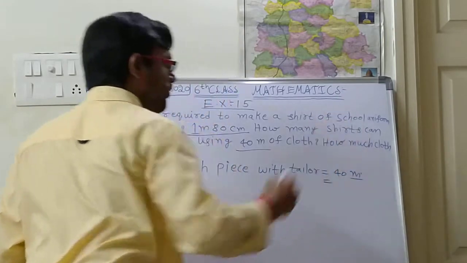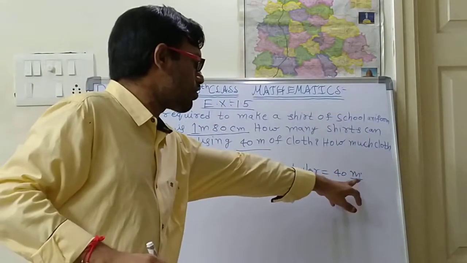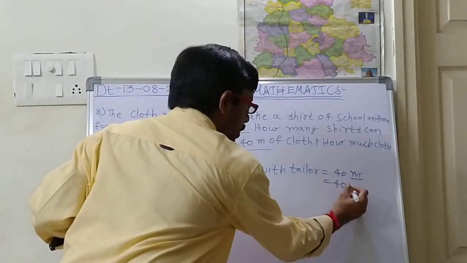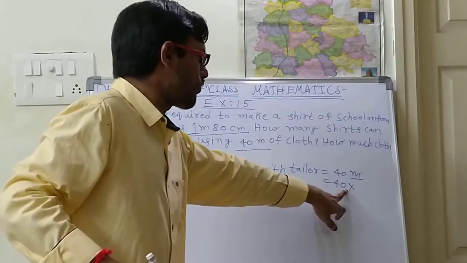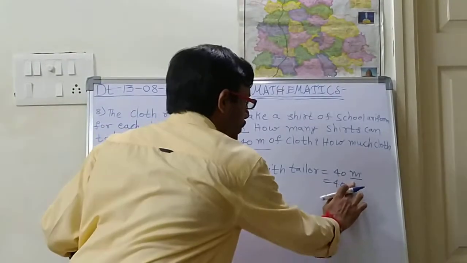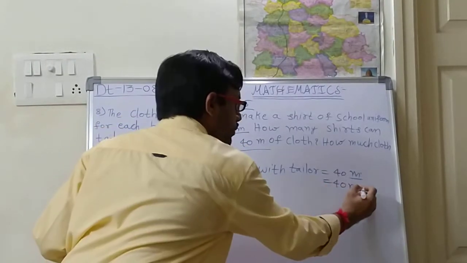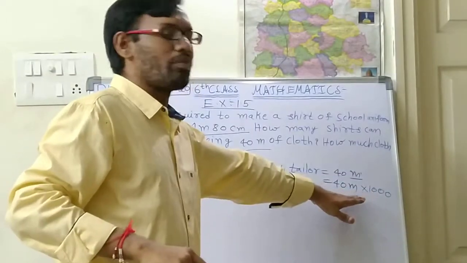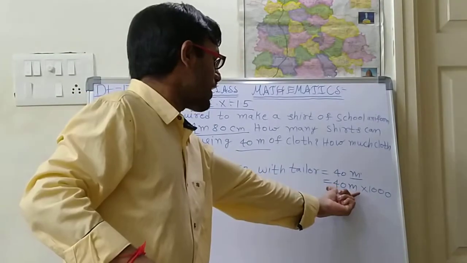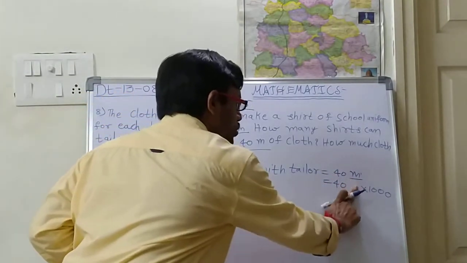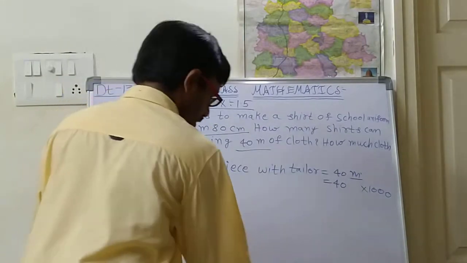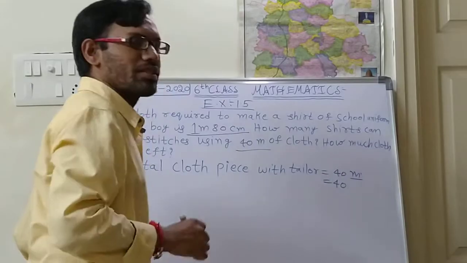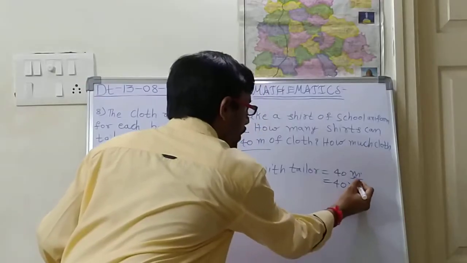For converting into centimeters, what should you do? 40 into, and some of you have kept 40 meters into 1000 in the group. Please check that, children. Here, 40 is just the number, so you should not keep meters.